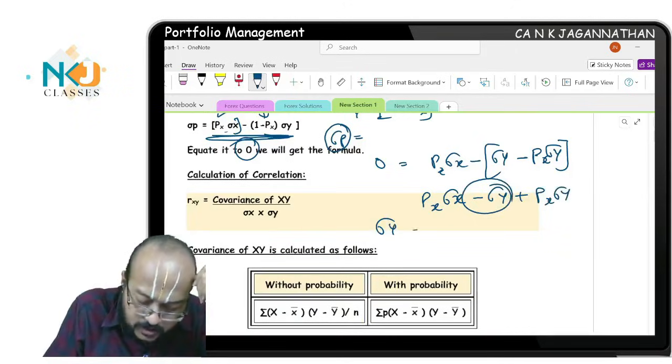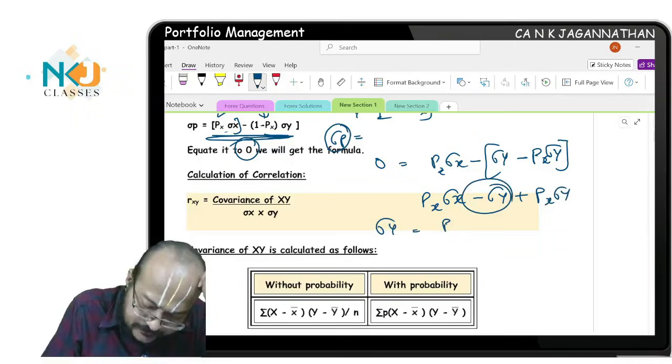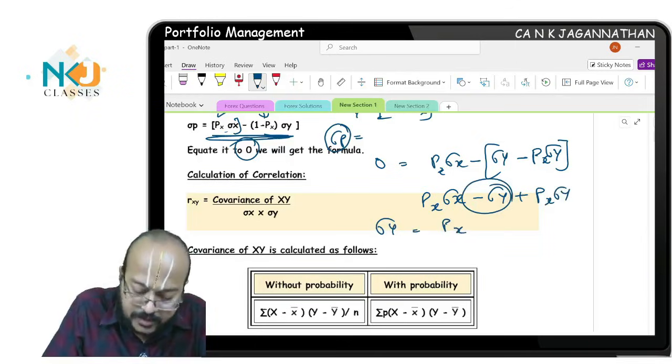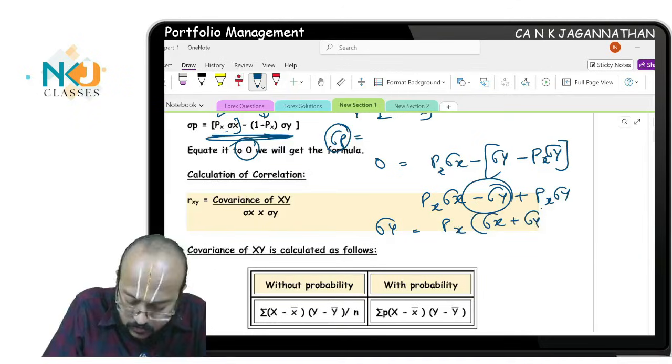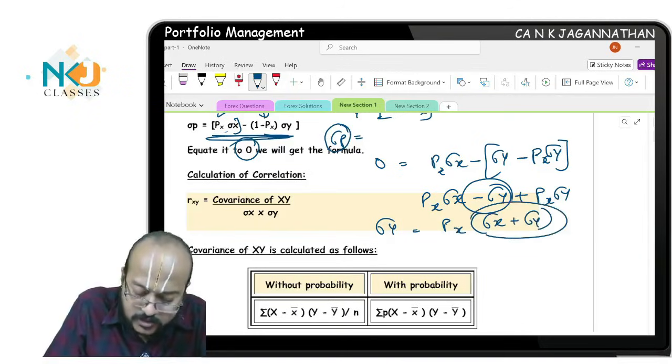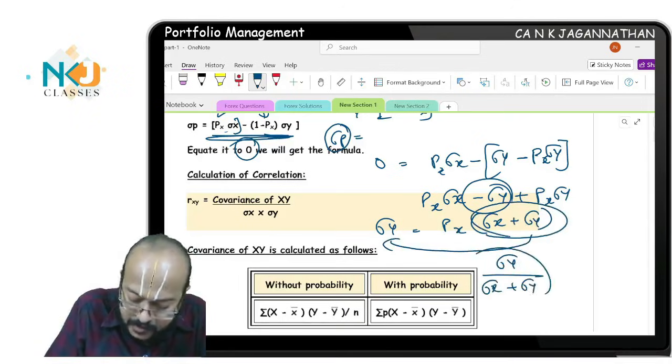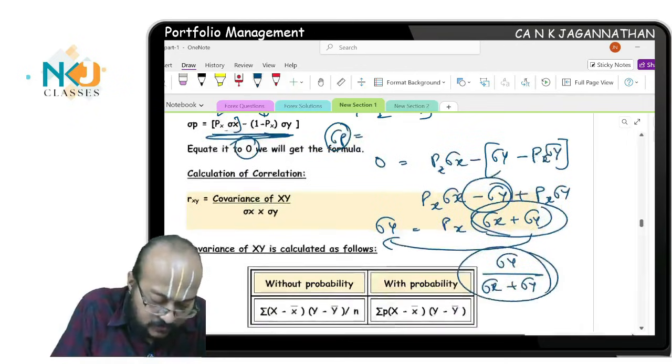Sigma Y is equal to PX, you can simplify, PX you can take common, PX into sigma X plus sigma Y. Are you all understanding? You take this to this side, sigma Y divided by sigma X plus sigma Y.